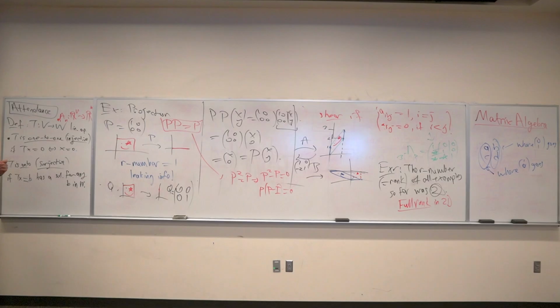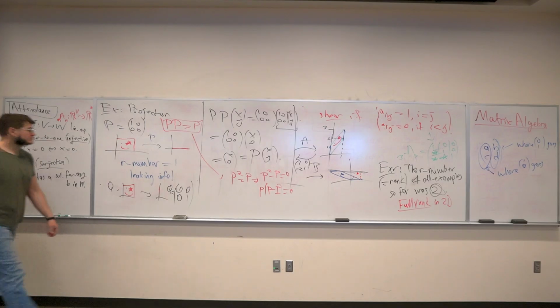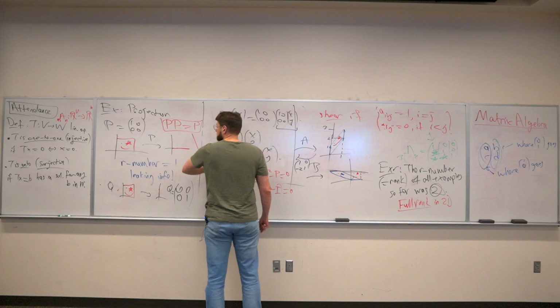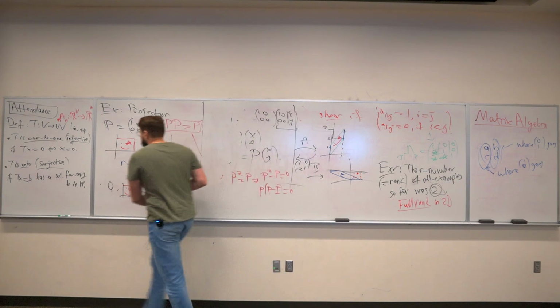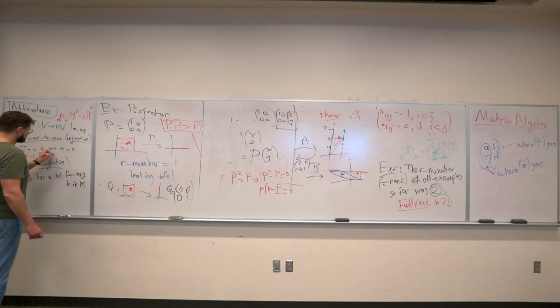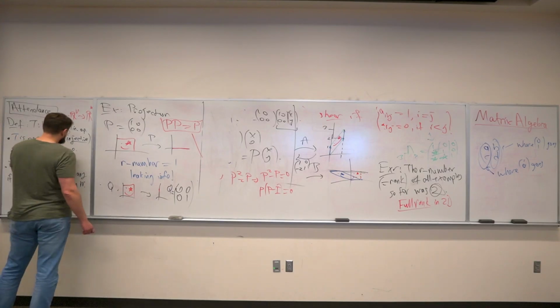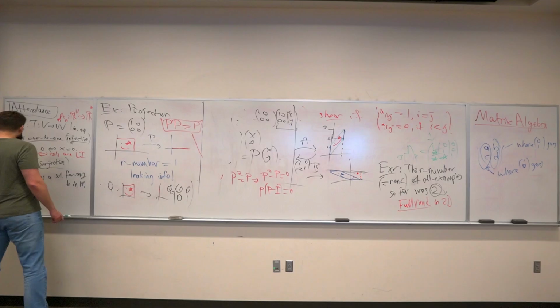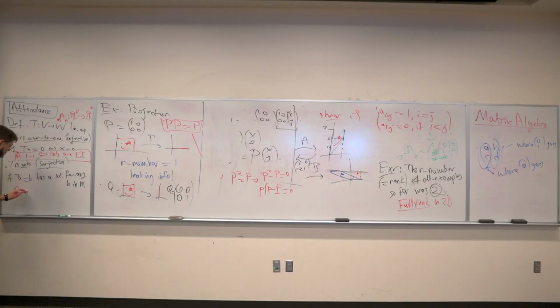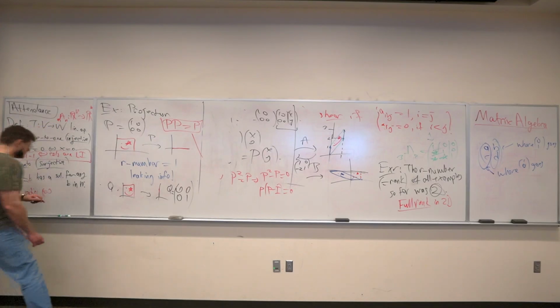Okay? That's a faster way of thinking about it. Well, I'll write it here. So A one-to-one means columns are linearly independent. A onto means columns span the whole output space.